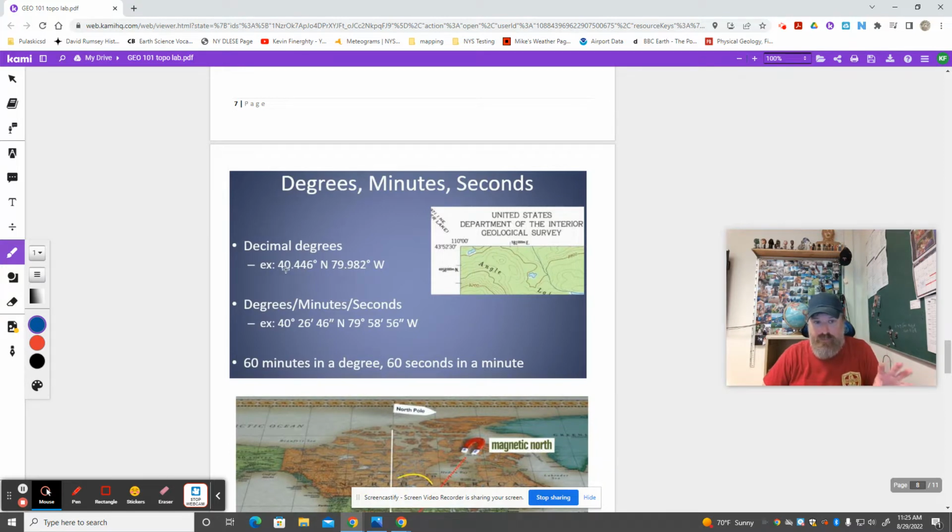I mean, a decimal is easy to picture. 40.44, we can all imagine what that is. Like if you have $40.44, that's what it is, right? It's 40 and then 0.44 of the next thing. This is a little bit trickier to picture, but it's really the same concept. Here's the degrees, and then break it down into smaller units after that. 26 minutes and 46 seconds would be, for example, a corner of a map.